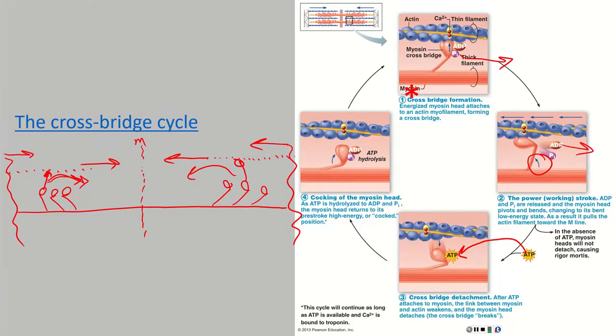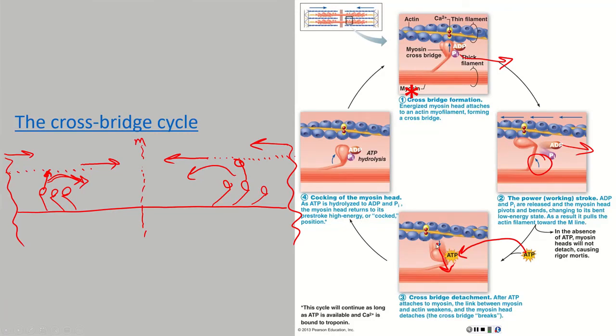It's going to cause the myosin to change shape. It's going to break the cross bridge, and myosin bends back down. It pulls away from the actin. Well, that requires energy in the form of ATP. So ATP is needed to break the cross bridge. Remember, myosin really liked actin? ATP is needed to make myosin pull away from actin.